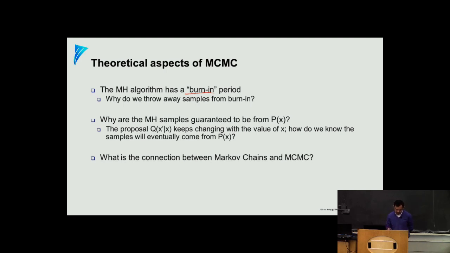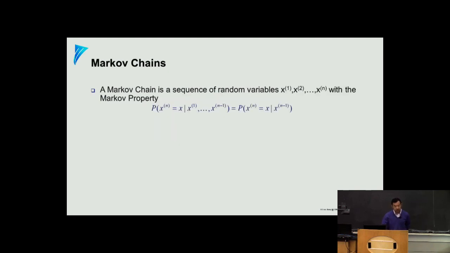And then we have this interesting question about why the procedure using Q of x prime given x converges to P of x, which we are going to show a proof. And also, what is the connection between Markov chain and MCMC? Okay. The connection between the MCMC method and Markov chain is pretty obvious, because every time we're going to adaptively change the Q based on the previous examples.